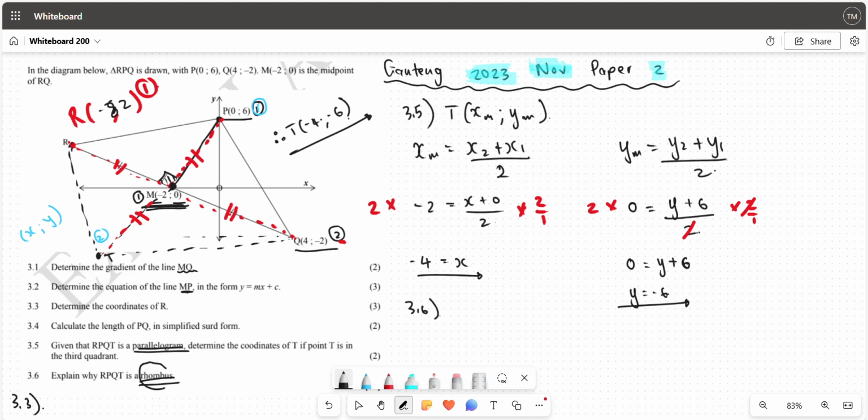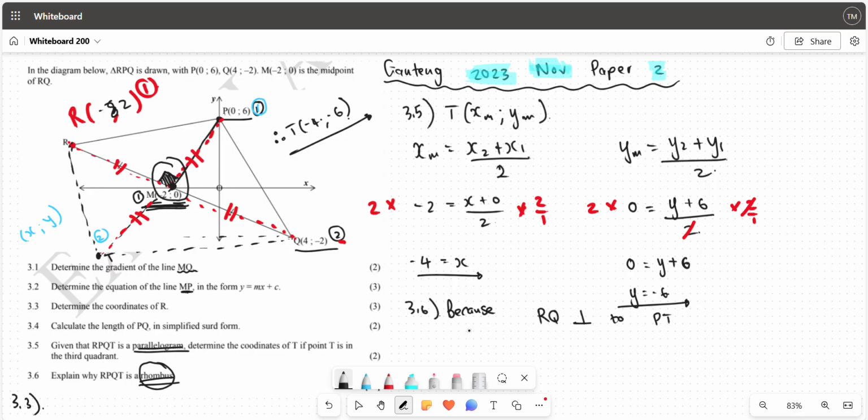So what is specific about a rhombus? A rhombus would have this 90-degree there at the center where the diagonals bisect each other. So the fact that the diagonals are bisecting each other is one reason, but the most important one is the fact that it has a 90-degree there. So because PQ or RQ is perpendicular to PT.